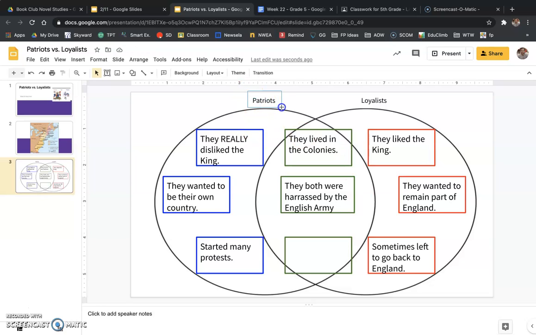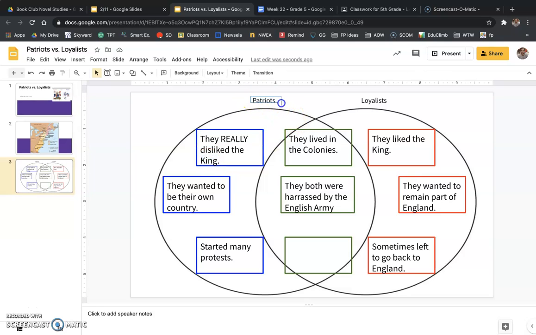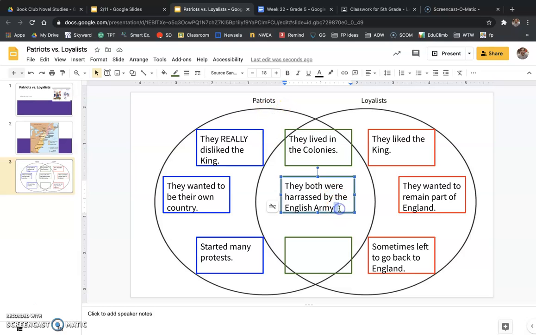The English army that's there kind of making sure everybody stays in line. You could think of them as kind of like the English police. Of course, they didn't like the Patriots, right? Because the English army, their boss was the king. And so if these Patriots say, hey, we hate the king, well, this English army is not going to like them, obviously, right? That makes sense.